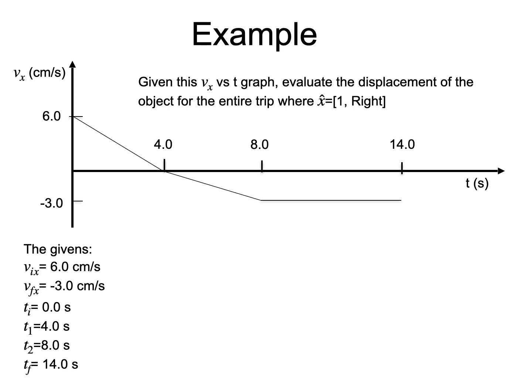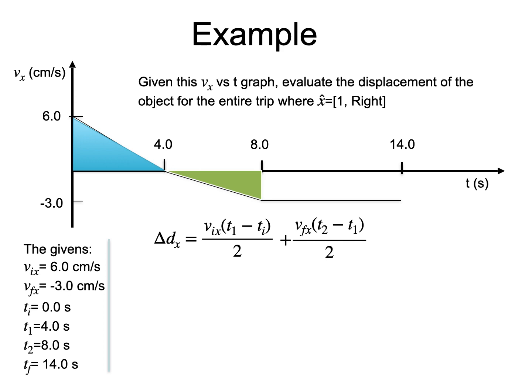Special features in the graph occur at time t1 and t2. Next, we evaluate the area underneath the curve for the interval from ti to t1, to which we add the area underneath the curve for the interval from t1 to t2. And finally, we add the area for the interval from t2 to tf.